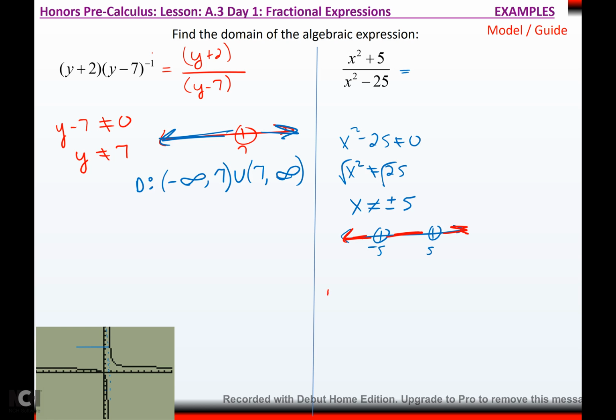So your domain would start at negative infinity, go to negative 5, start again at negative 5, stop at 5, start again at 5, and go to infinity.